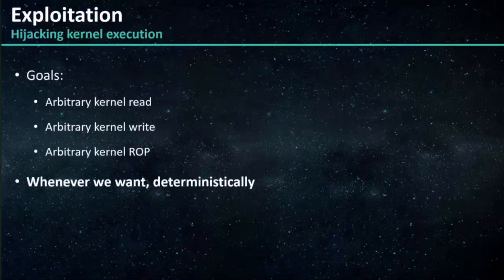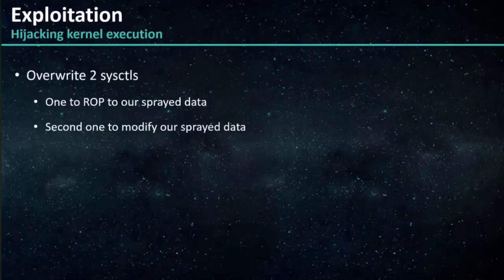So again, our goal is to be able to read, write, and ROP deterministically anytime we want, and of course bypassing AMCC and all the new mitigations, SMAP and everything. So what I did was I overwrote two sysctls, one of them to ROP to my sprayed data, to my sprayed kernel address, and the second one is to modify my sprayed kernel address, again, because I want it to be deterministic.